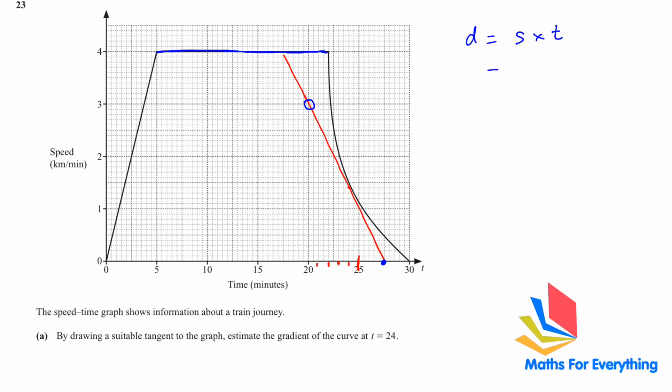So the speed is 4. Now the time. The corresponding time here is 5, and we have 22. This line is 20, 21, 22. So that is our time. 22 minus 5, which is 17, multiplied by 4 gives 68. And that's our answer.